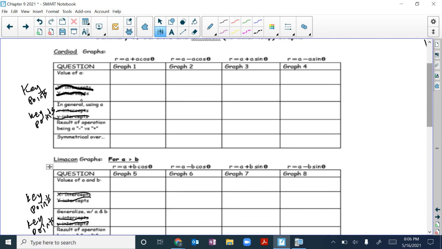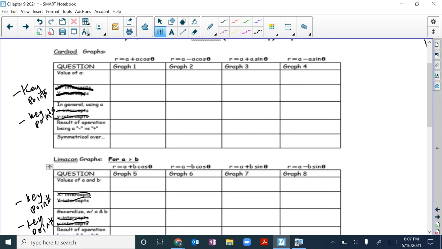There is a couple changes, though, I do want you to make. Instead of saying x-intercepts and y-intercepts, we're actually going to put key points, because I think it gets confusing where we throw in x and y-intercepts, because we're talking polar graphs, but x and y-intercepts are specifically rectangular coordinates. So I personally don't like that it says that, so I changed them to key points, okay?